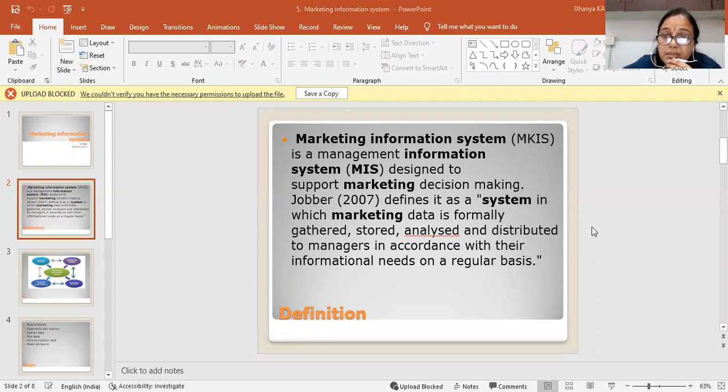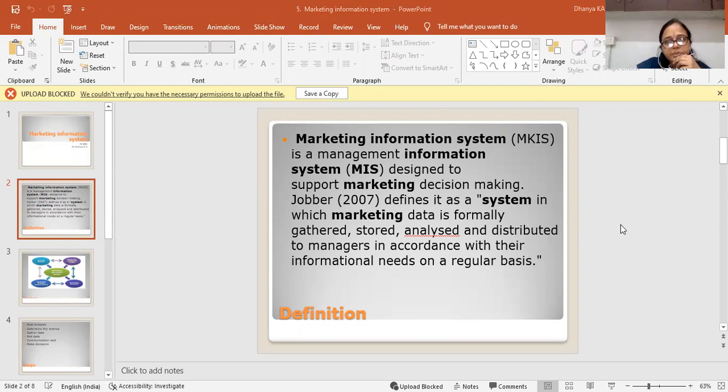The marketing information system is considered a system in which data is formally gathered, stored, analyzed, and distributed to the interested parties in accordance with their informational needs, and this is done on a regular basis.